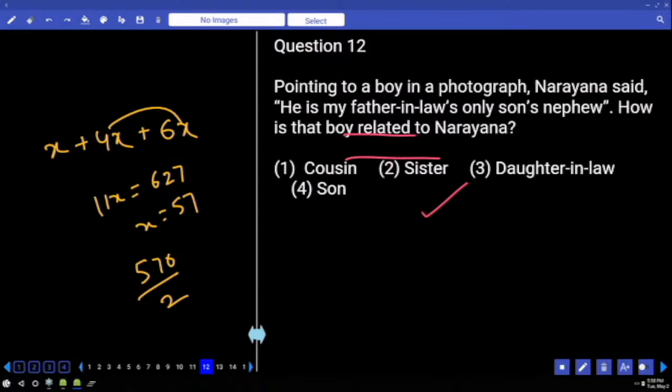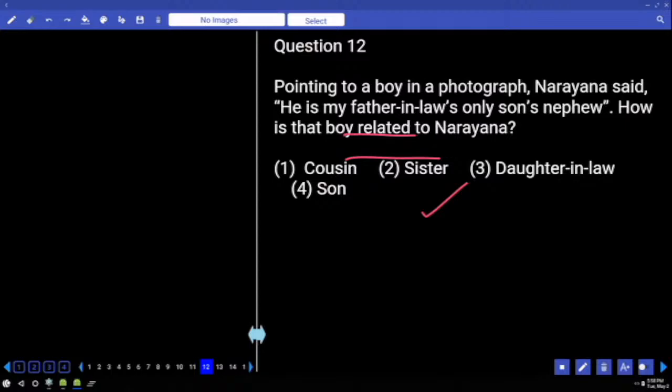Then coming to question number 12. Pointing to a boy in a photograph, Narayana said, that boy is my father-in-law's... Father-in-law means whose father? Narayana's. Narayana has a wife, and the wife's father is B. Narayana's wife is A. My father-in-law has a son, who is none other than Narayana's brother-in-law, the wife's brother.